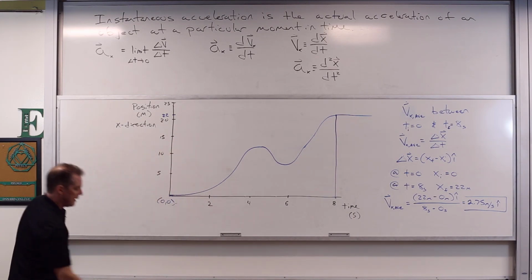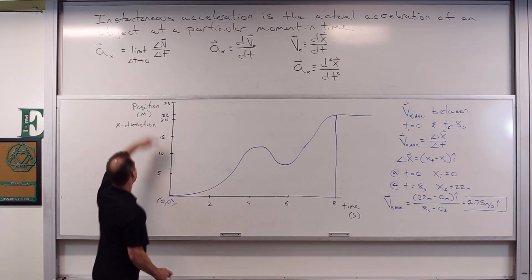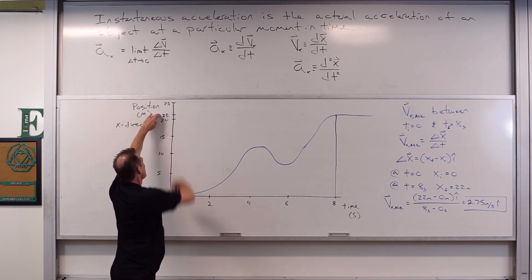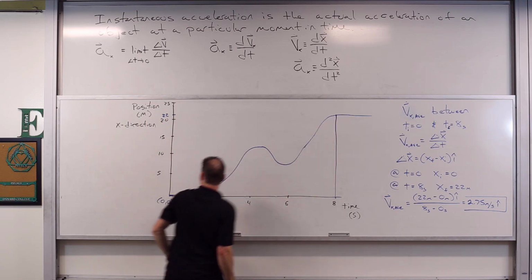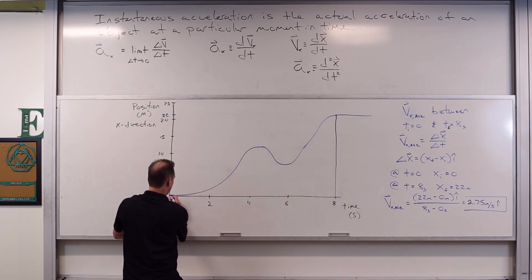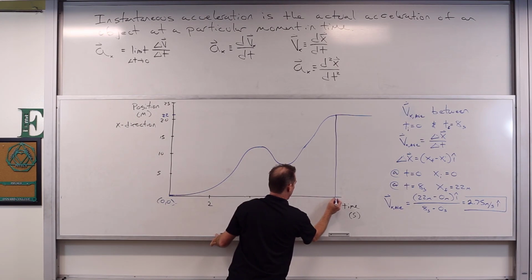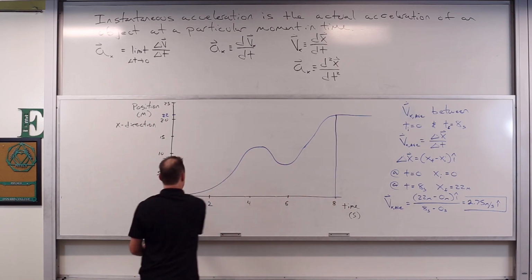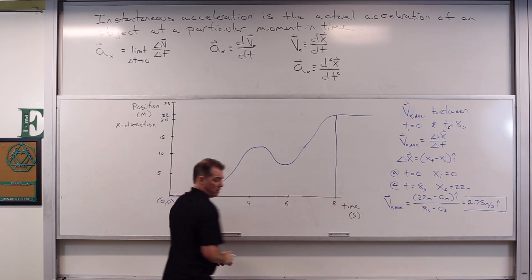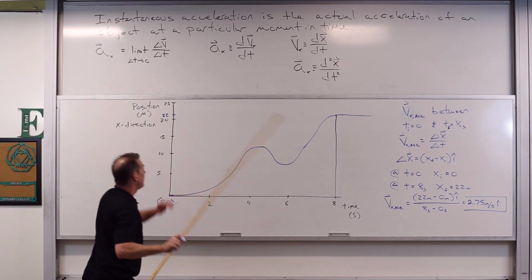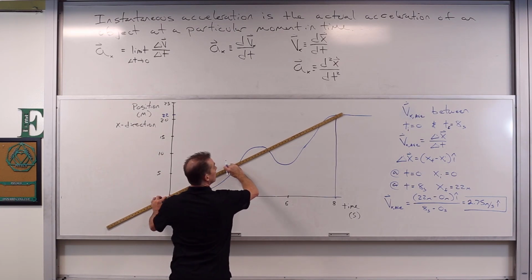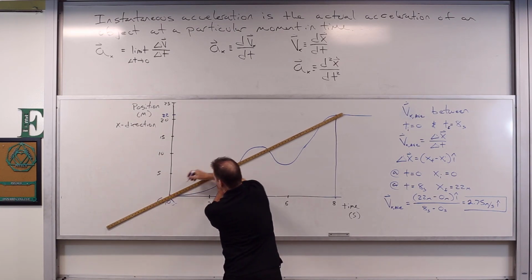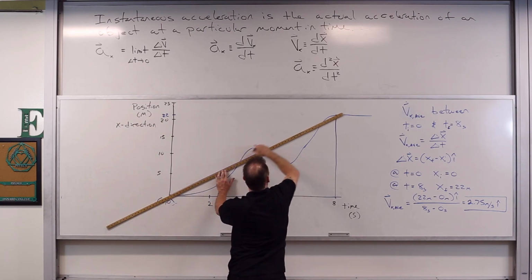And then there's x equals 22 meters from here to here. And then we've got the time that goes from here to here. So I could draw that in, but that's just along the axis. What I could do is draw a nice straight line. It goes from where we start at the origin, right here, and see something that we get out of this.